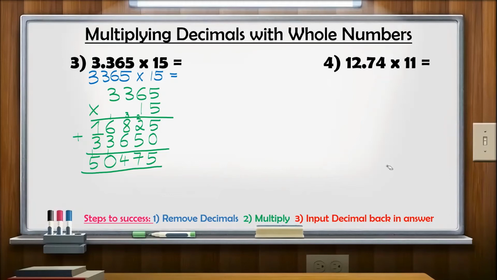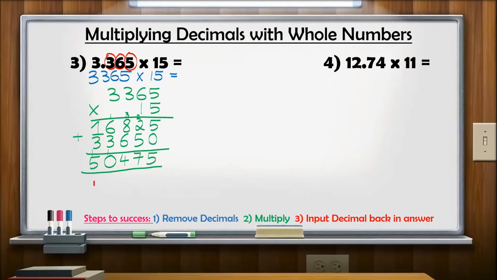We can only see 3 numbers which are to the right of our decimal point, and these are 3, 6, and 5 here as I have circled. So in our question, we have 3 numbers after the decimal point. So that means in our final answer, we will have 3 numbers after the decimal point.